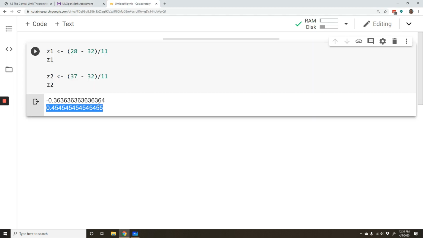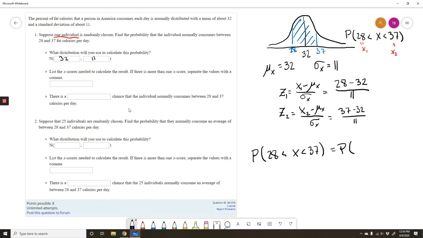We have our two z's are negative 0.3636 about and 0.4545. So negative 0.3636 is less than z is less than 0.4545. Okay, so we just converted from our generalized normal distribution to a standard normal distribution.